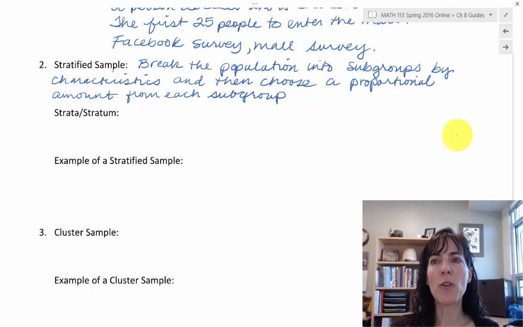So we would have smaller numbers of those in our actual sample because the composition of our state is not 20% Anglo, 20% Hispanic, 20% Native American, 20% African American, and 20% Asian descent.